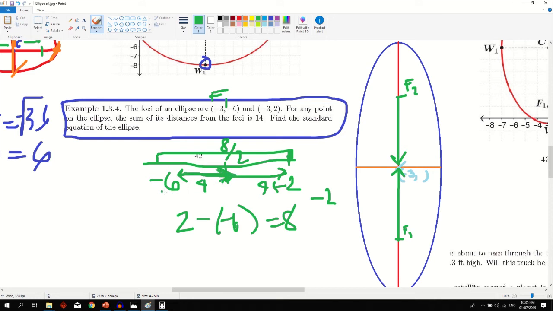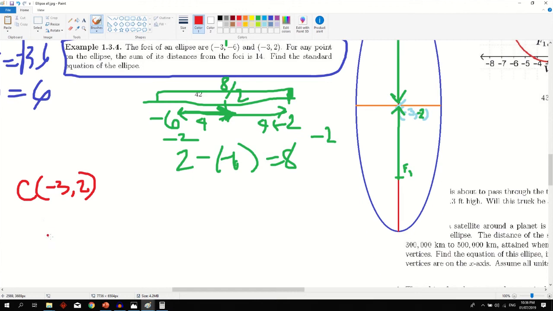So negative 6 plus 4 is negative 2. So the y is negative 2. Okay, so we now have the center. The center is negative 3 and negative 2.